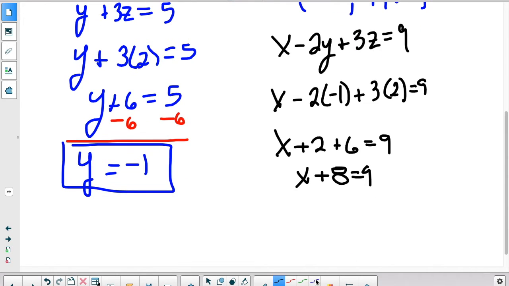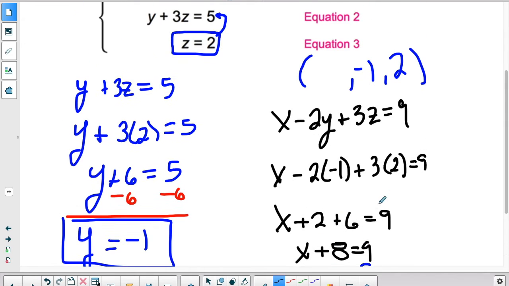We can subtract 8 from both sides, and we get that x is equal to 1. We get the solution for this first problem as 1, negative 1, 2. And that's all we have to do for this one.